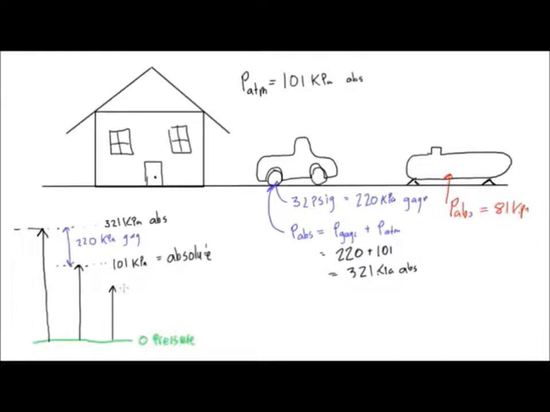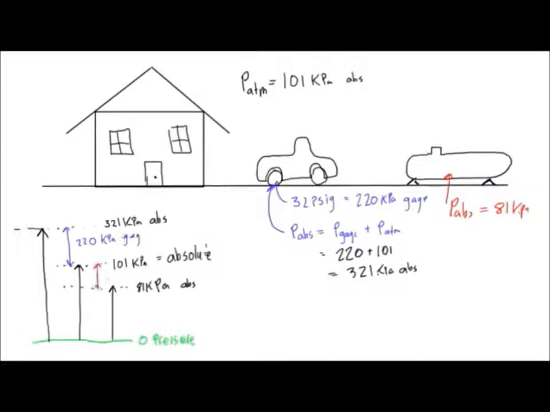Let's put this here, and this level here is going to be 81 kilopascals. Again, this is very much not to scale, but that's okay. 81 kPa absolute. So we want to find out what is the vacuum pressure in here.